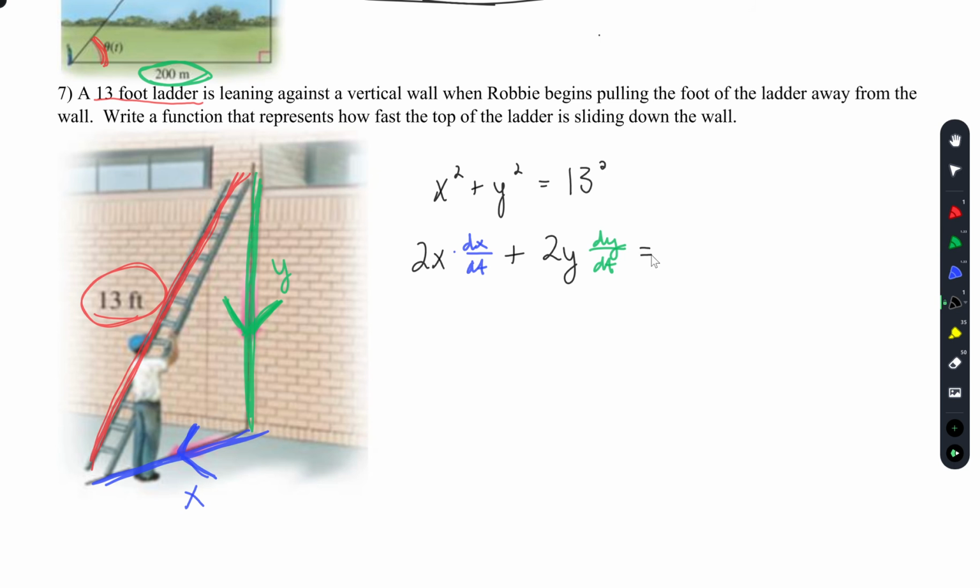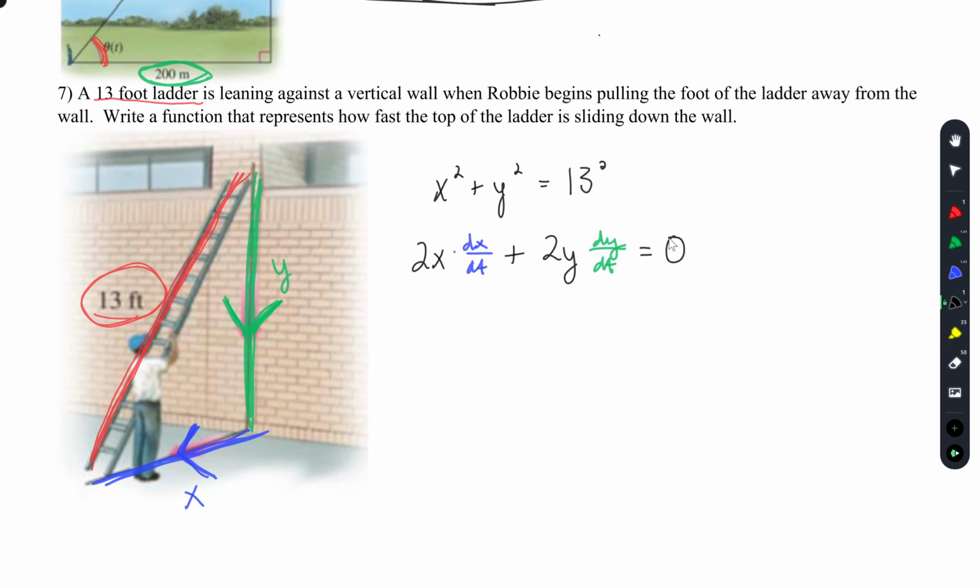No, 0. Derivative of a constant is 0. People are going to do 26. Yeah, people do 26. And I'm like, oh, geez, Louise. I'm messing something up.